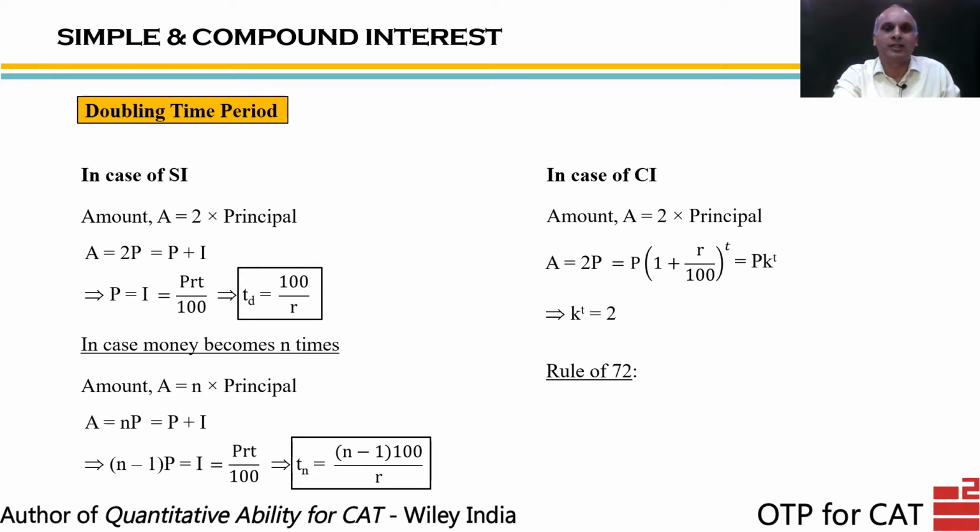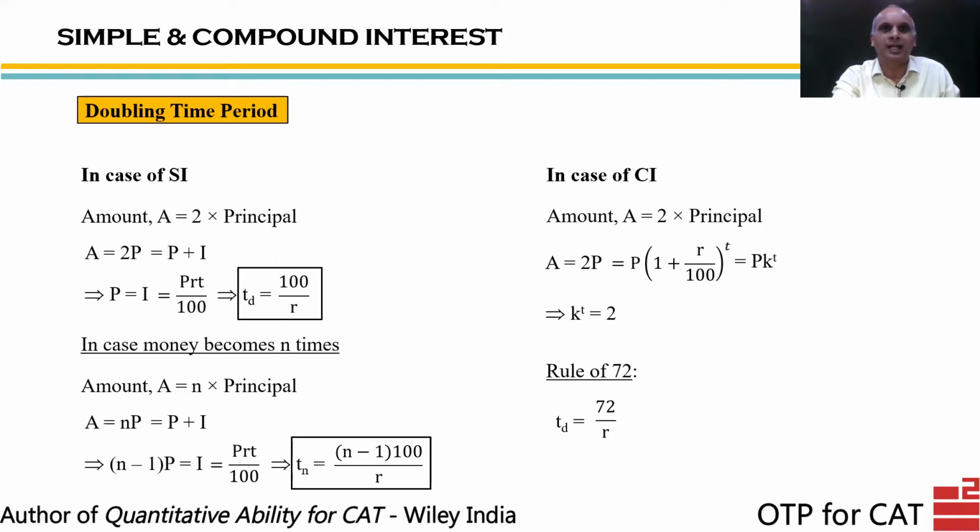Now to get rid of the calculations to a large extent, we should use the rule of 72. It's a very famous rule which is used to calculate the time period of doubling in case of compounding. So the formula for this is TD is equal to 72 upon R. But remember, this empirical formula cannot be proved mathematically, and it has a limitation.